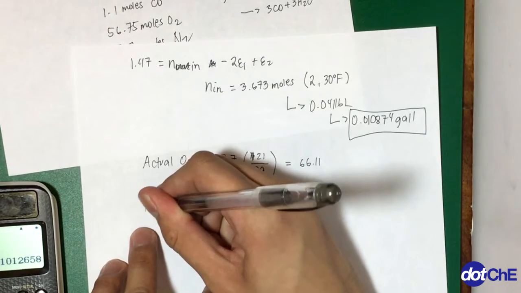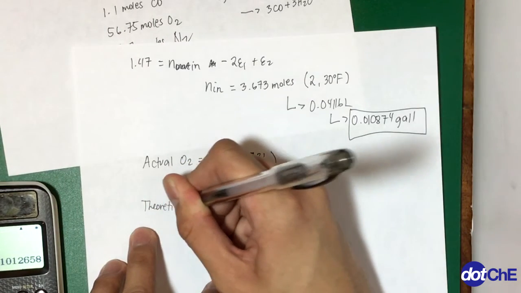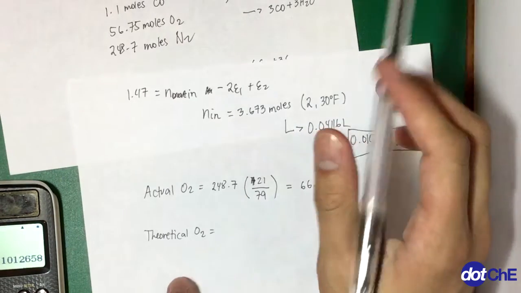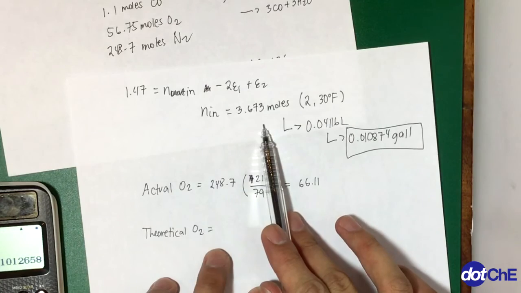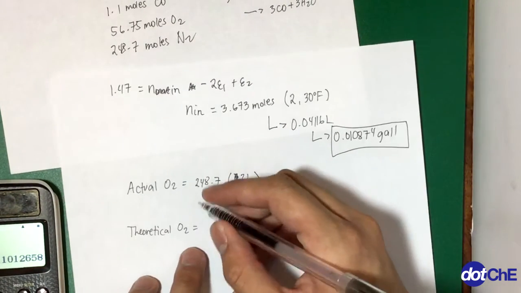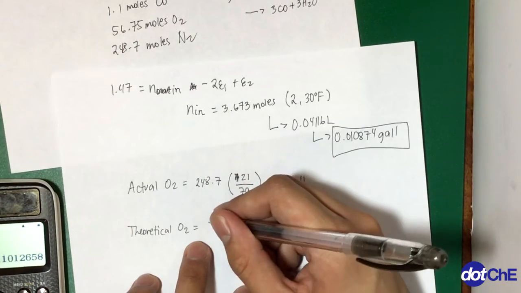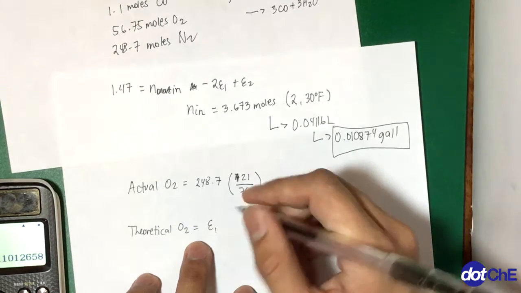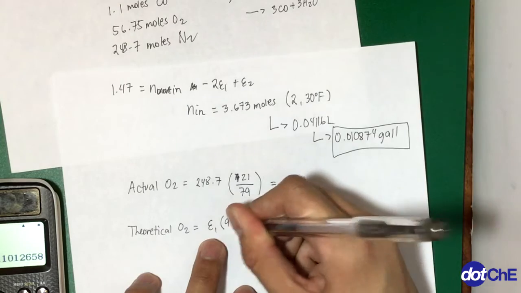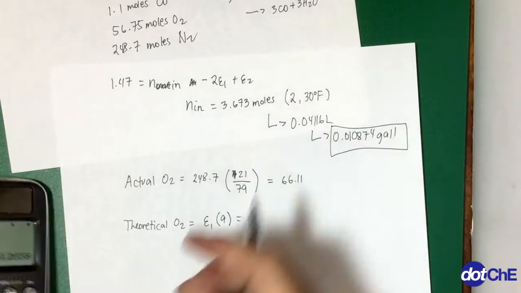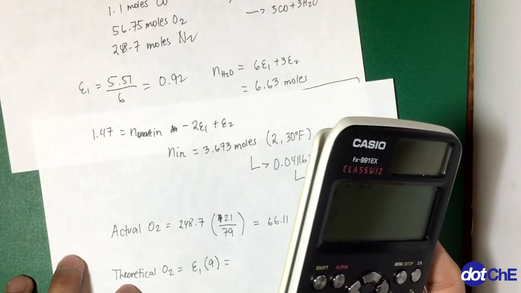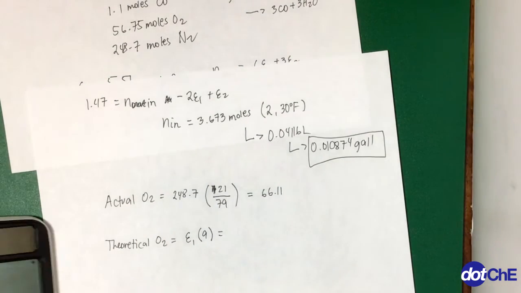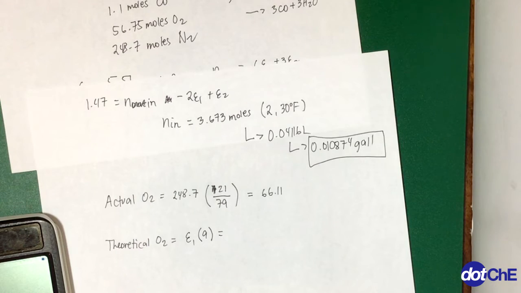And theoretical O2 is complete combustion of your propene. So that's just using stoichiometry. That's just E1 multiplied by 9, which is approximately, I used that wrong.